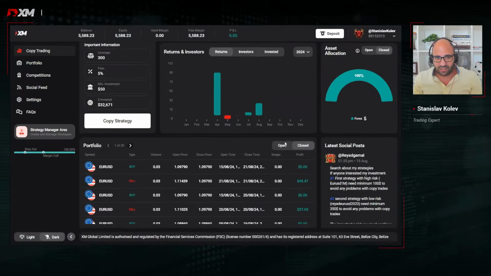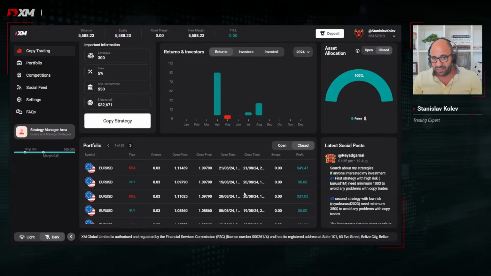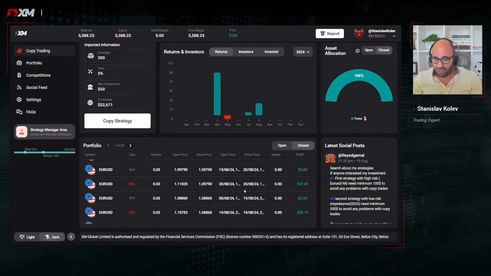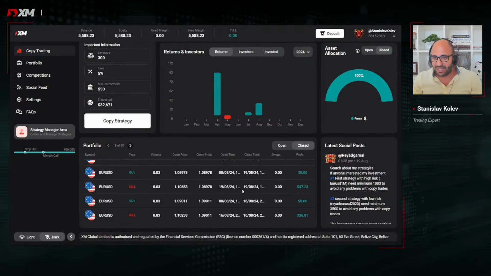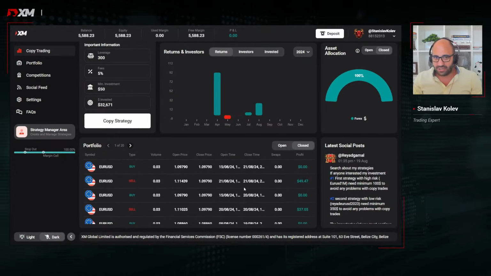Also, as far as I see, this person is pretty active. I'm not sure if this is really a 1 minute time frame, because you see the open here is on the 15th and you close on the 21st, and you open on the 15th, closing on the 20th, etc. So long story short, it's not really 1 minute. Maybe it's a 1 minute strategy, but I would not really call it scalping.